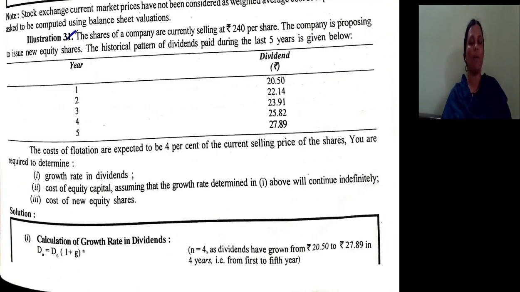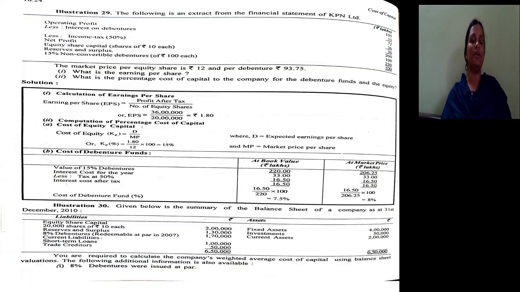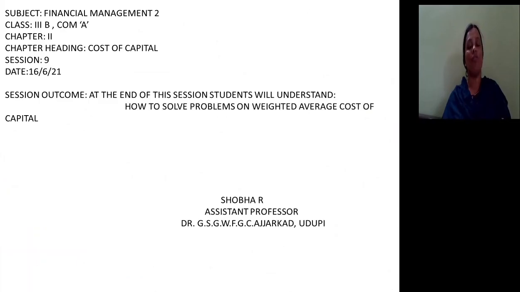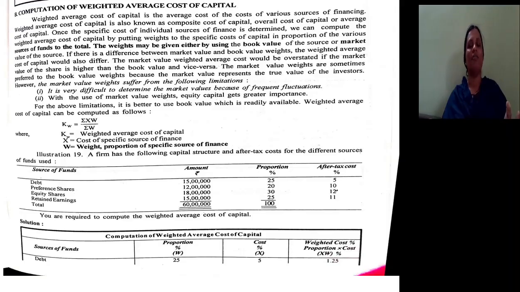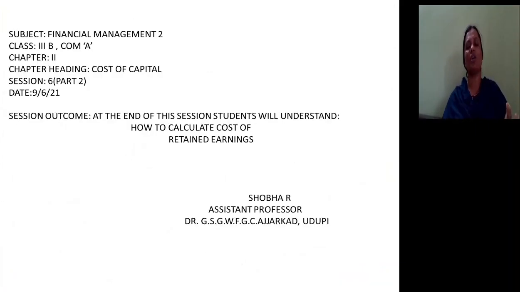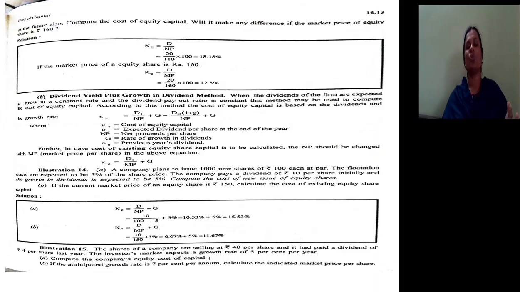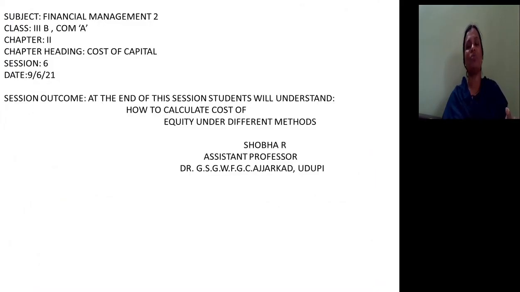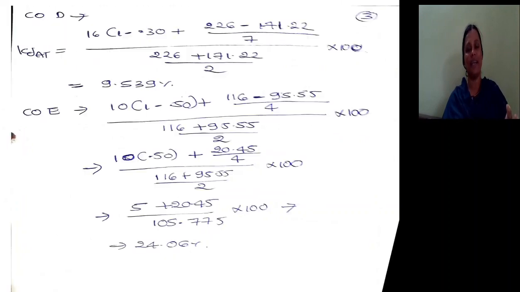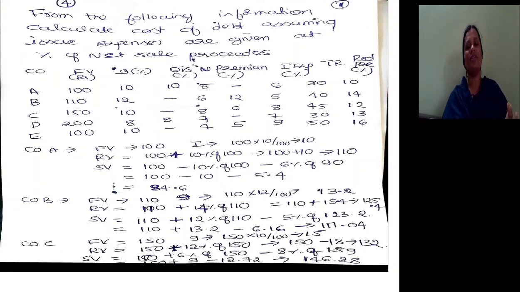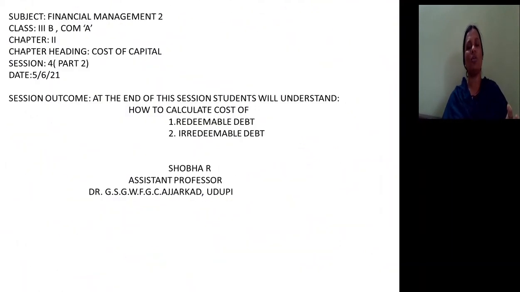So this is all about this chapter. Listen carefully. So far we concentrated on various aspects associated with this chapter. First we concentrated on what is cost of capital. Then we started calculating the cost of debt, both redeemable and irredeemable debt, and later we solved many problems on cost of debt.